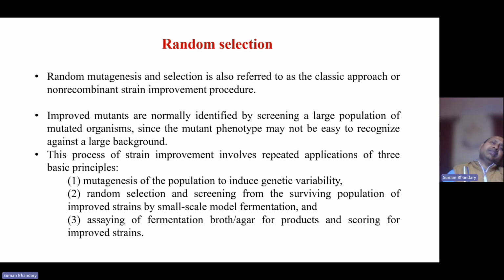The second one is random selection and screening from the surviving population of improved strains by small-scale fermentation model. And the last one is assaying of fermentation media. It could be broth, it could be agar, for developing products and scoring the improved microbial strains.